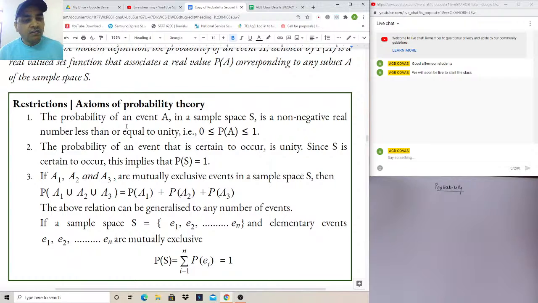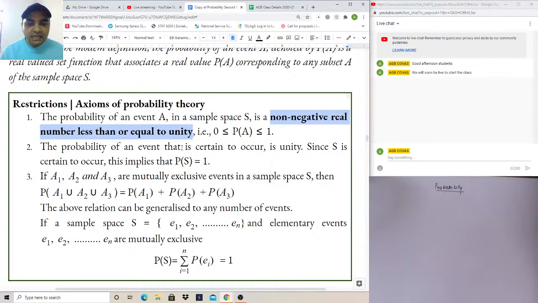The probability of an event A in a sample space S is a non-negative real number, and it should be less than or equal to unity. So what it is saying here is that the probability of an event lies between 0 and 1, including 0 and 1.